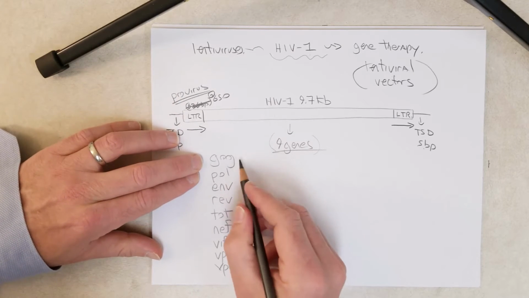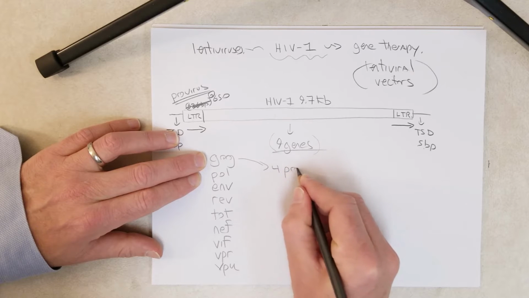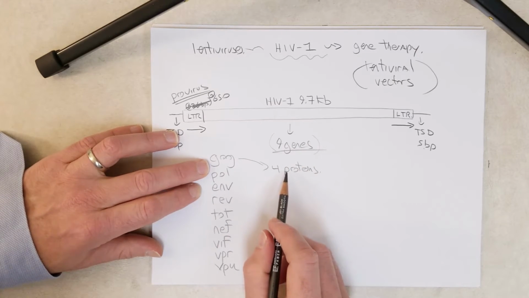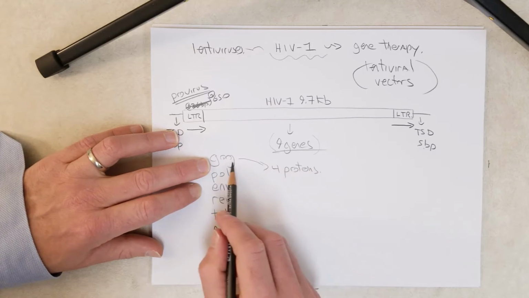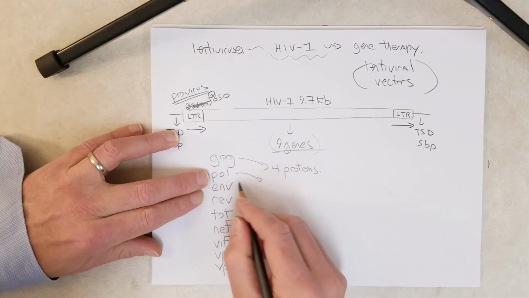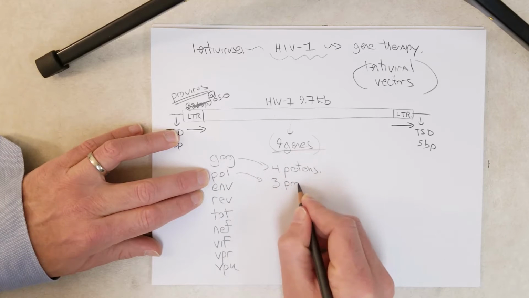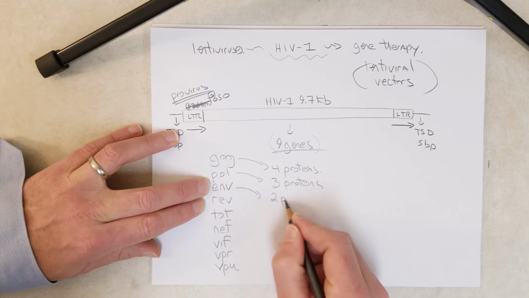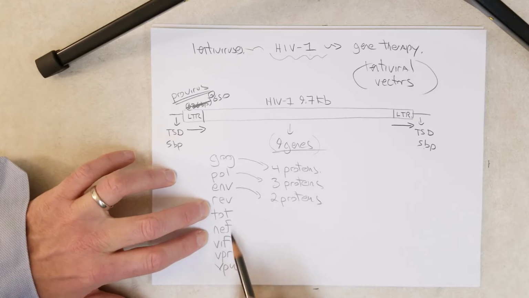And the GAG gene here encodes 4 different proteins. I guess one long polyprotein will be made, and that polyprotein will be cleaved into 4 different proteins with important functions. Similarly, the POL gene encodes 3 proteins, ENV 2 proteins, and the rest of these are all just single proteins.